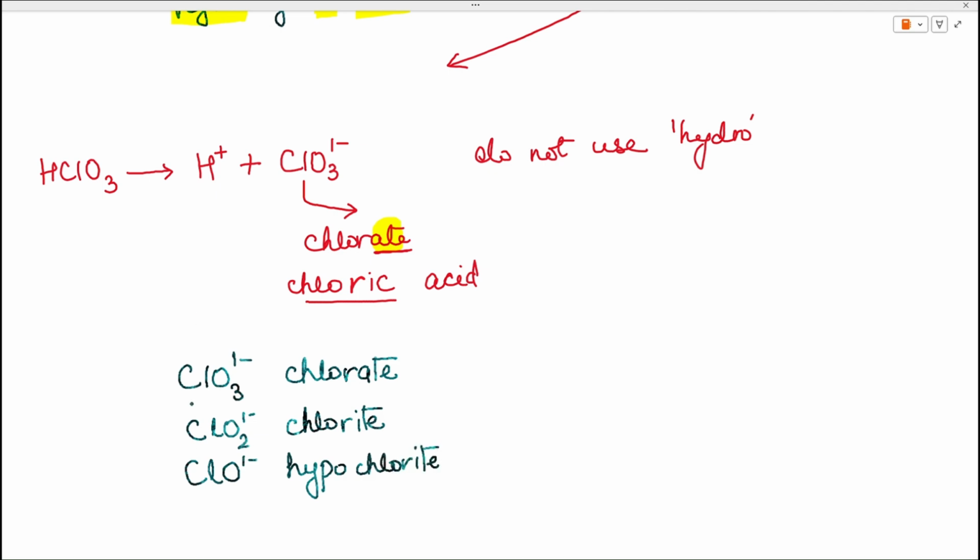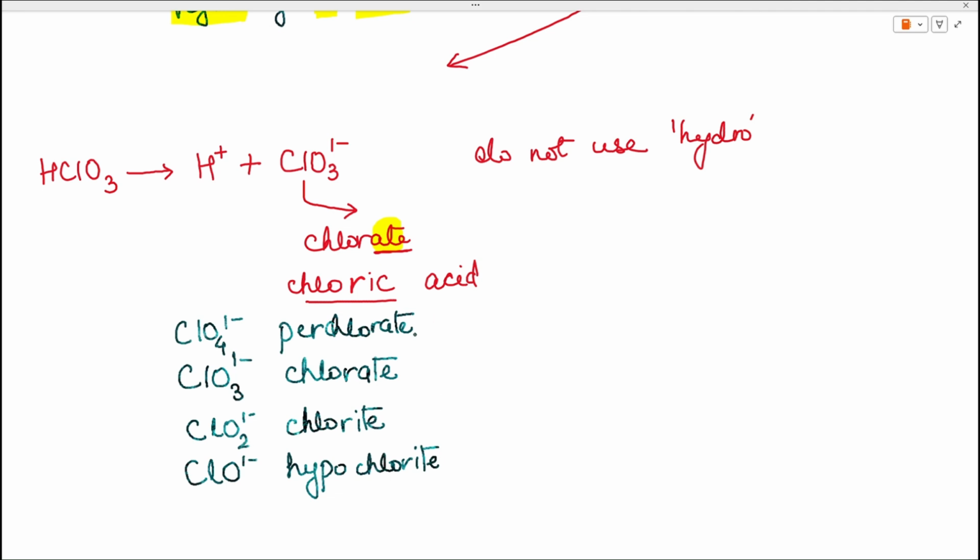And if I increase one oxygen into chlorate, which makes it ClO4 with a 1 negative charge, this is called perchlorate. So you can see that the chlorine in combination with different number of oxygen atoms can form different polyatomic ions having oxygen.